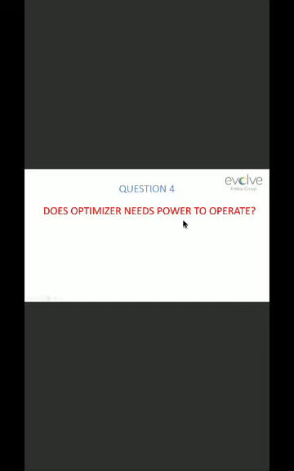Yes, we will go through that. Yes, a very minimal amount for their self-operation. So this is the answer for that question. Congrats to all who said self-consumption. Yes, it's a very correct answer.